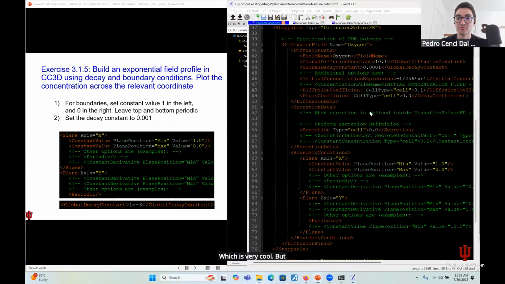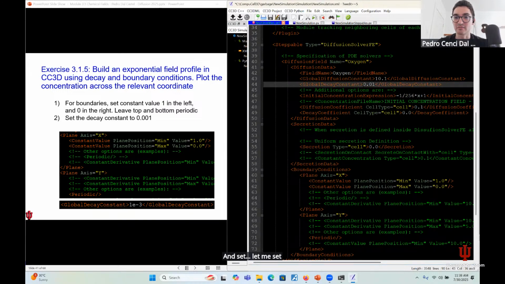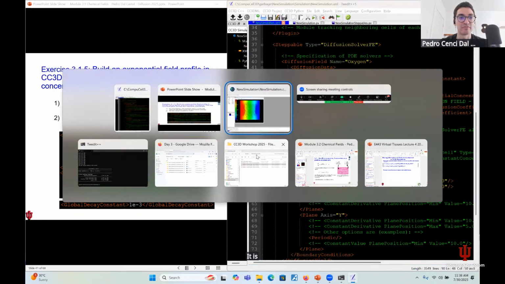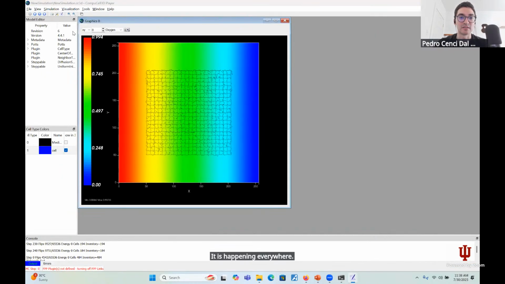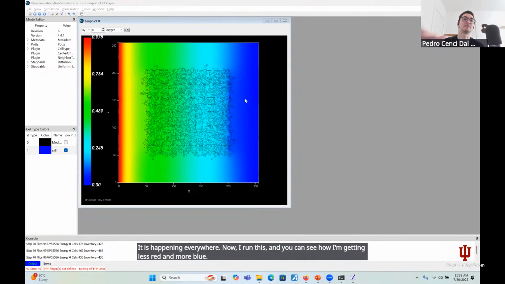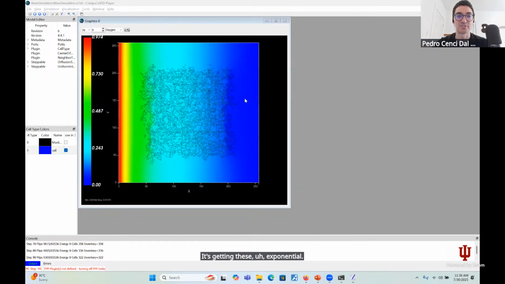which is very cool. If I come back to my code and let me set a higher global decay, and I will also set that to my cell to make sure it is happening everywhere. Now I run this, and you can see how I'm getting less red and more blue. It's getting these exponential shape.